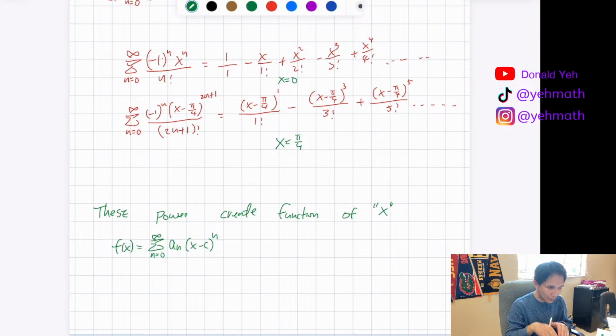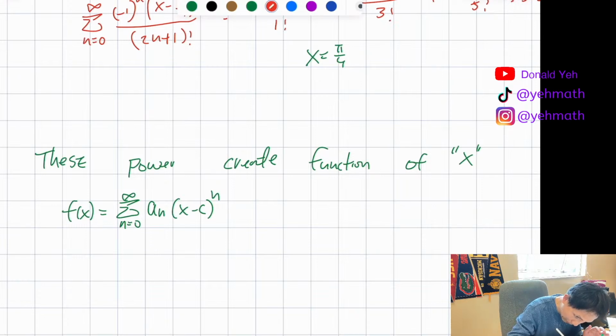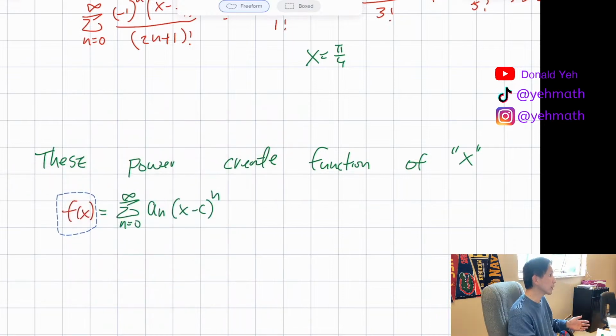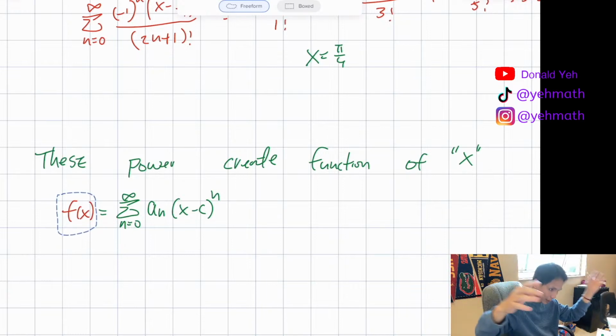Now, the only big difference between what I write down here is I add an additional f of x. And this f of x is a game changer because I can take this power series and use that to represent a set function. Even though this is a power series, just something you keep on adding, it goes on an infinite amount of time.